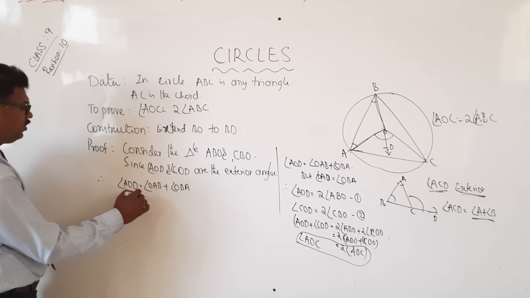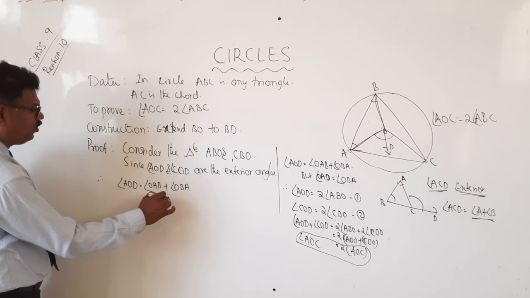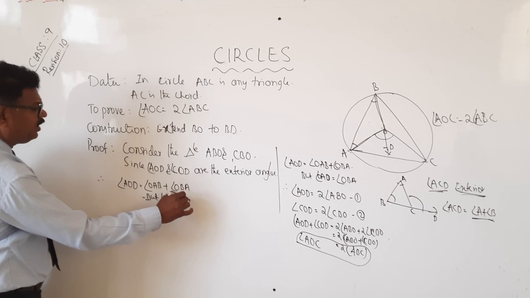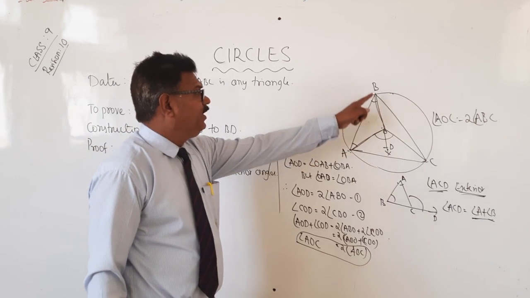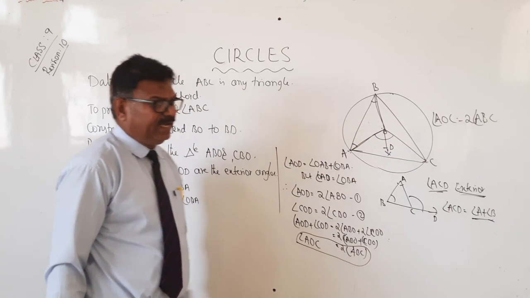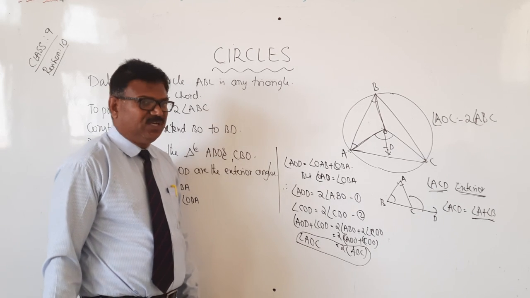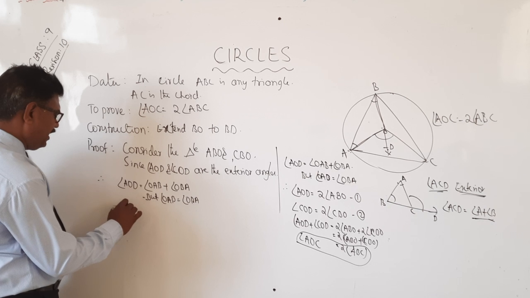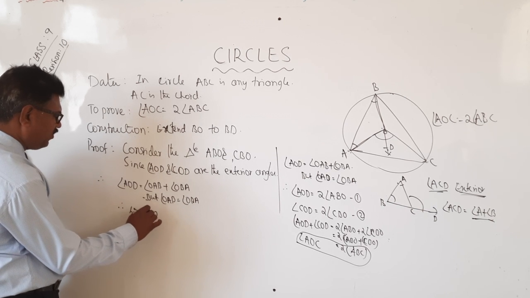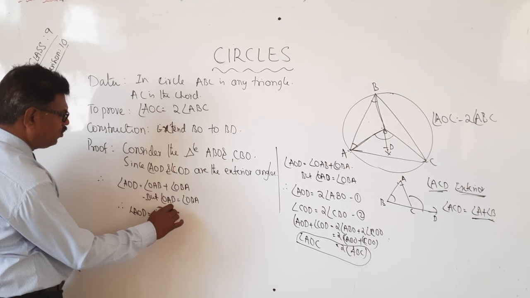But angle OAB equal to angle OBA, because OB and OA are the two radii. Therefore, in an isosceles triangle, the angles opposite to equal sides are equal. So angle AOD equal to 2 times angle ABO. This is the first one.